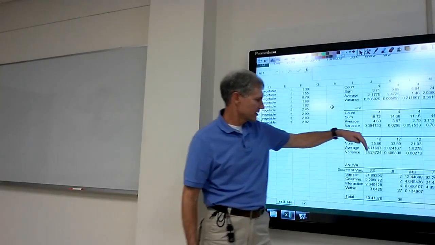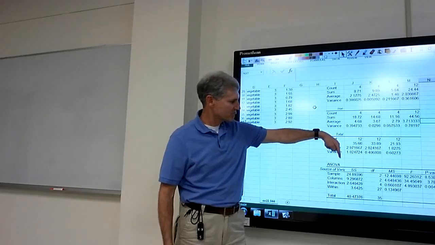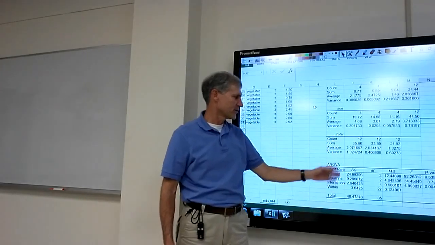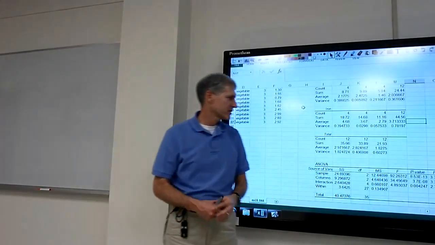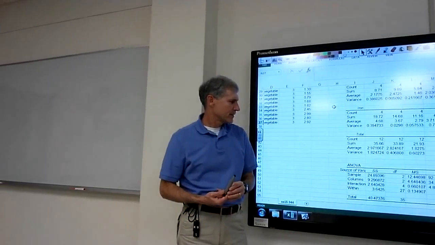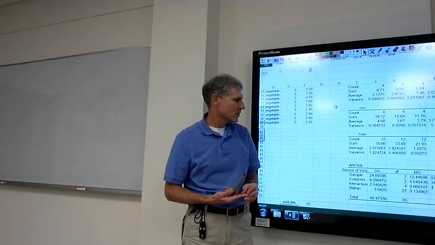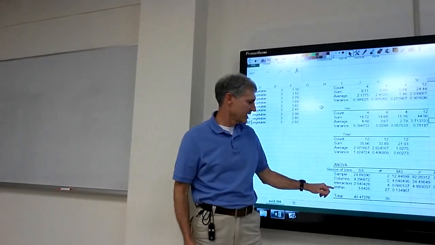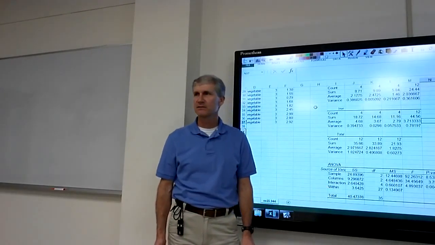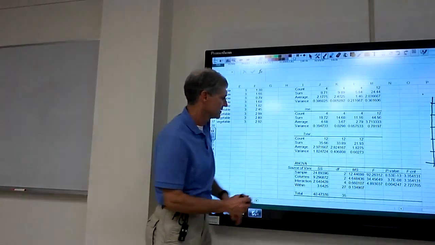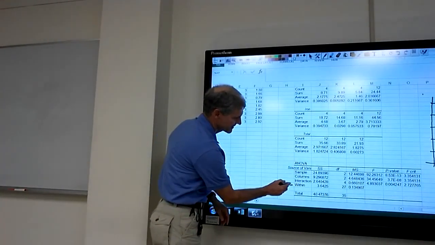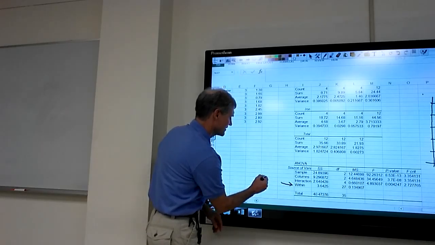Now look at the sums of squares. Sums of squares in an ANOVA table don't really mean a whole lot to us. It's mean squares that are more important. The mean square for within, what does that mean? That's not the words I used earlier. Excel uses within. No? That's error.